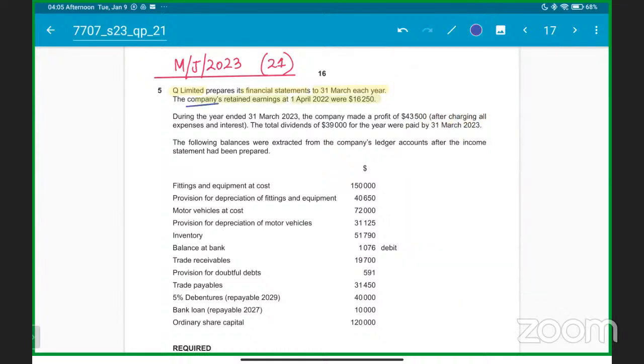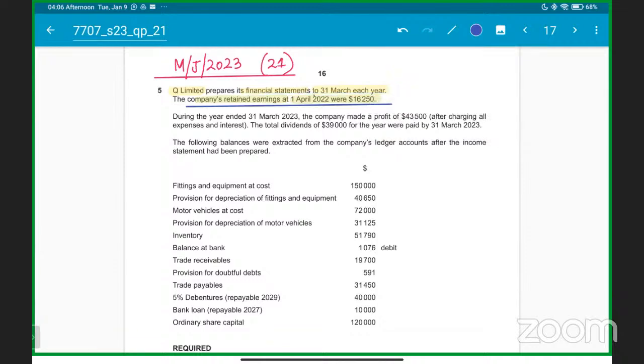What is retained earnings? It's basically the profit reinvested back in the company, how much is retained for future purposes, future expansion and those things. So this is the opening balance of retained earnings at 1st April 2022, that is $16,250.